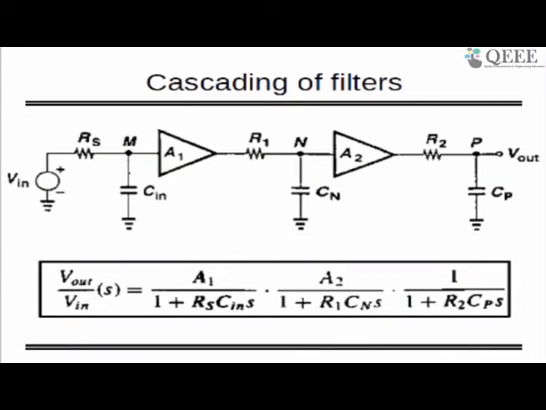But there is one more thing. I can have 3 RC circuits, all connected through amplifiers whose gains are A1 and A2. The first part gives me 1 by 1 plus RCS, which is the transfer function we found for the 1 RC system.